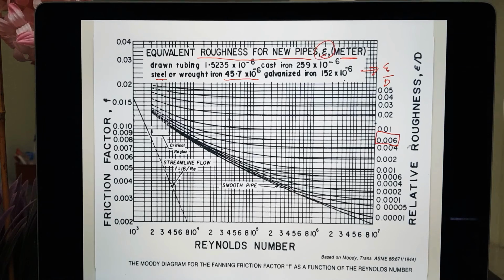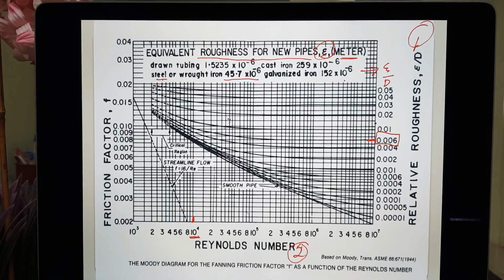Okay, look, the starting point is from your right hand side. This one over here, right hand side, 0.006. This is the first one, and then followed by the value for the Reynolds number as the second one. The value for Reynolds number is 10 to the power 4, this line, and 0.006 is this line.